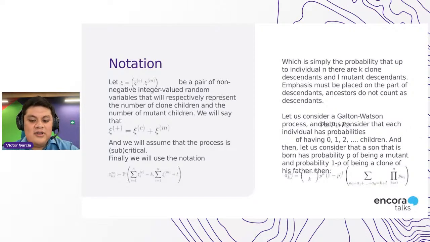It's just for the example. ξ_c is the number of clone children, and ξ_m is the mutant children. On the other side, ξ+ will be the total number of children. Going back to the COVID example, it will be the total number of people who are infected.